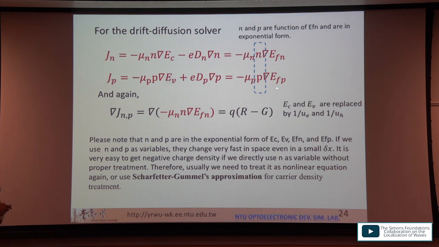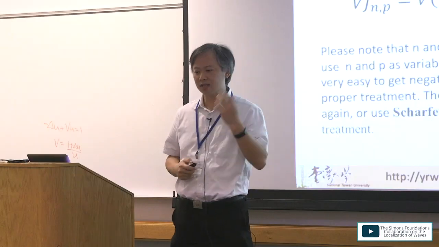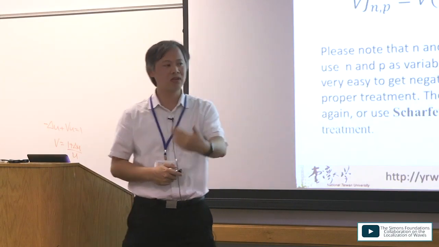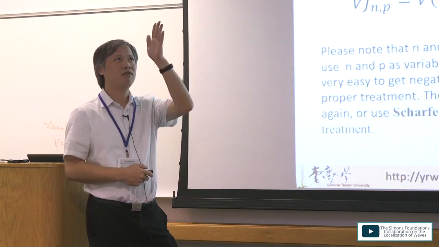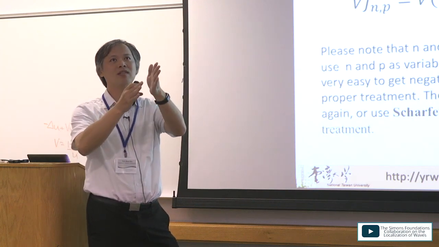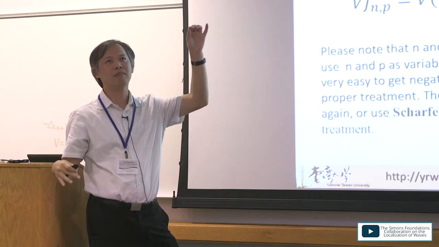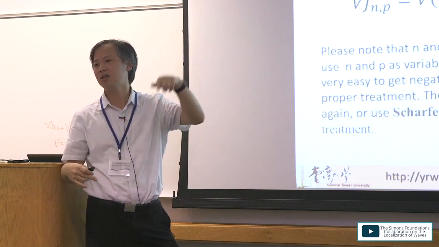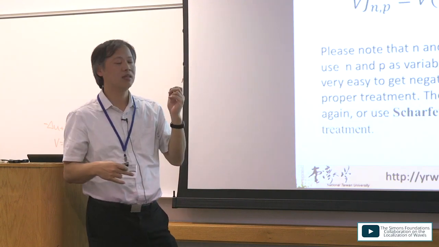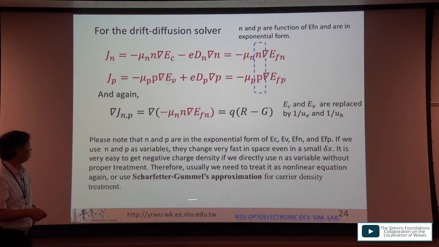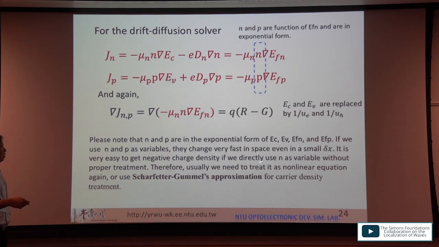That's the difficulty in this part. If you don't want to do this, some people will suggest using the Scharfetter-Gummel approximation. They tell you that the carrier density distribution is an exponential decay. So if you want to find the midpoint of the carrier density, you cannot simply use linear interpolation. You need to consider the exponential decay. That's the key point. So you can use this way, or use the Fermi level as a variable.